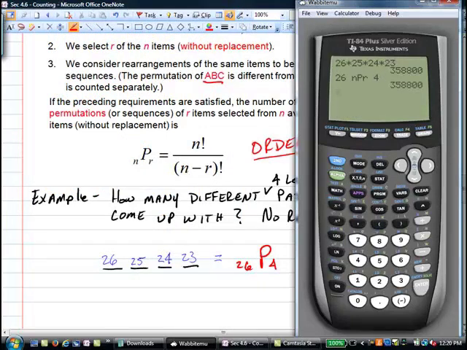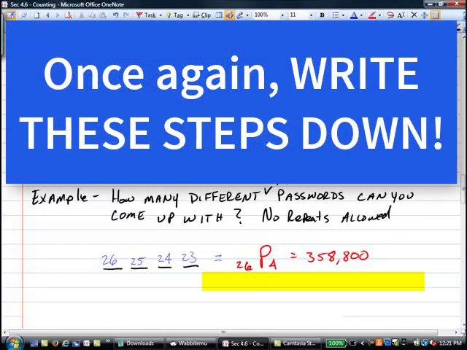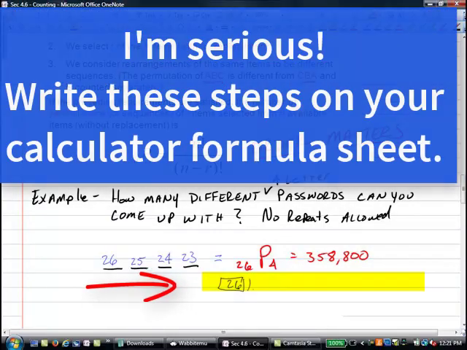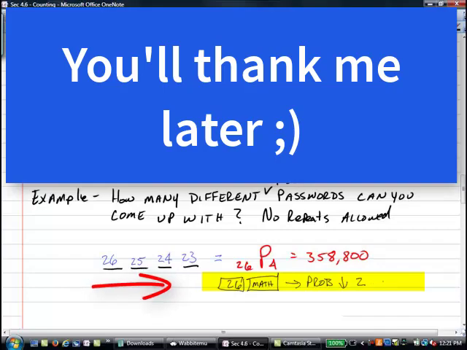That's because I have 26 items to choose from, and I'm choosing 4 at a time, and the order of those items mattered. So this is going to be 358,800. You don't have to memorize this formula. We're going to use our calculator. And how I got to this on my calculator was I hit 26 on the home screen, and then I hit math, go over to probability, and then down to number 2, and then hit enter.